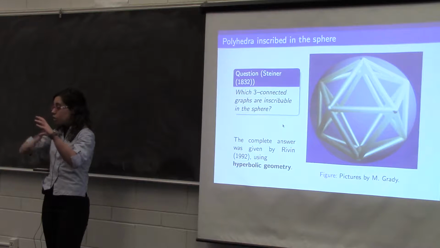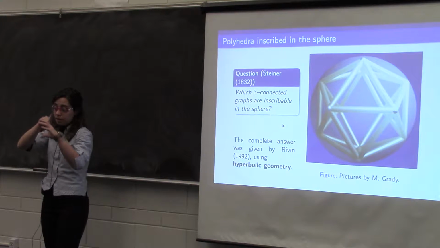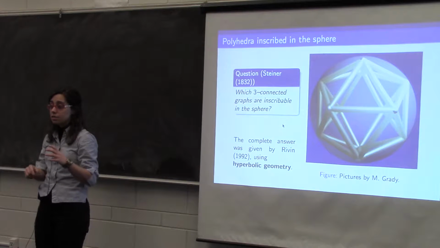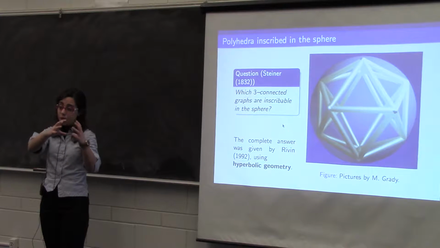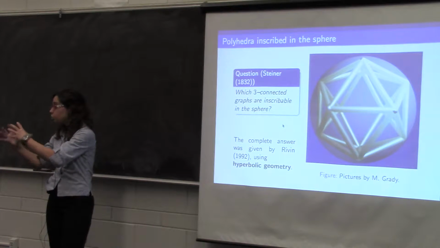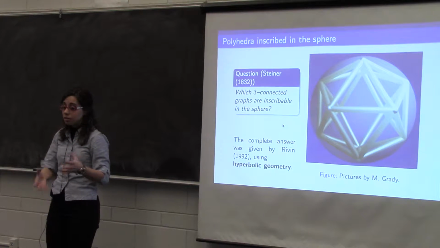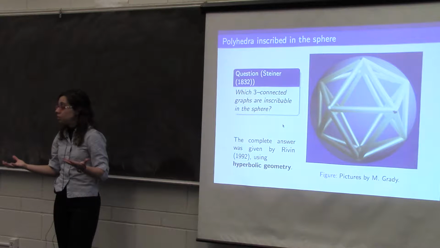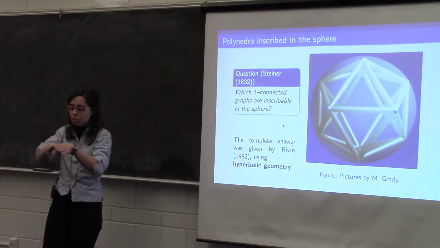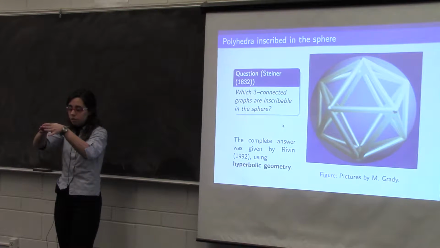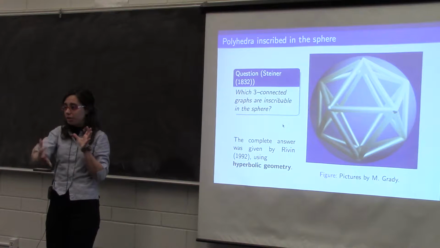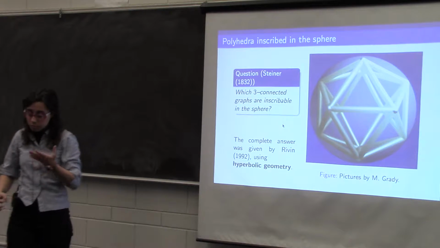In the projective model, geodesics are straight lines. So an ideal hyperbolic polyhedron corresponds to a polyhedron inscribed in the sphere. What Igor did was classify those polyhedra in terms of dihedral angles and in terms of the metric induced on the boundary.